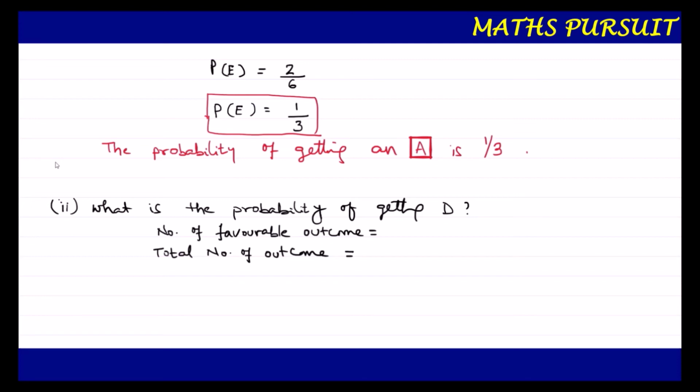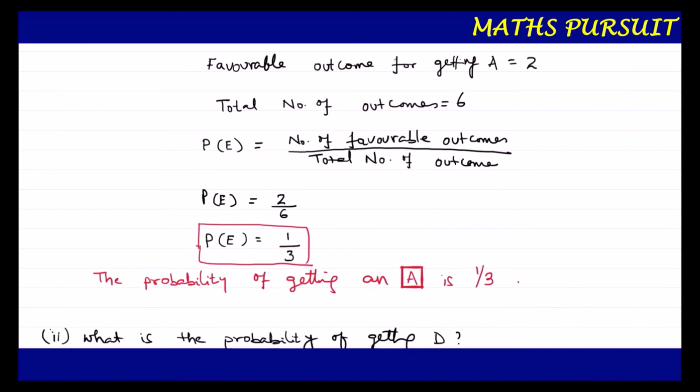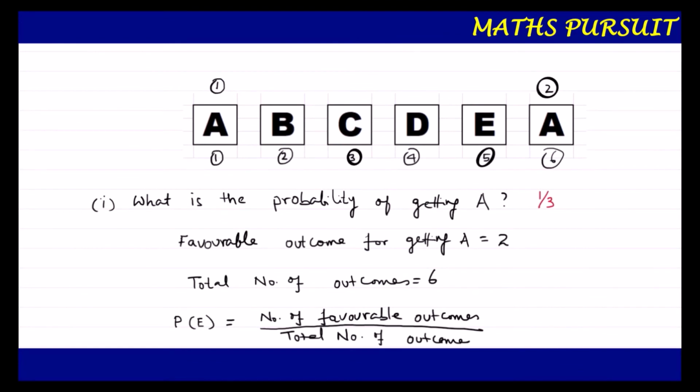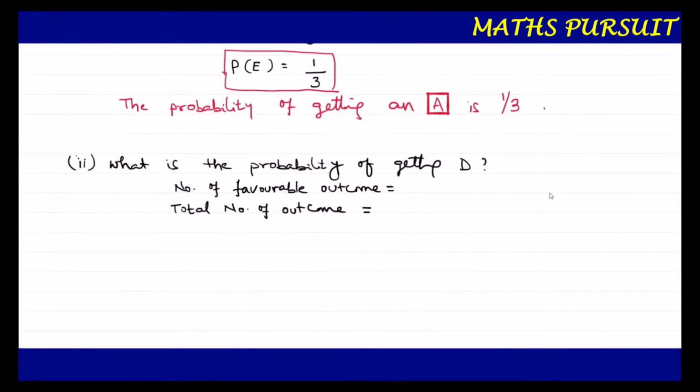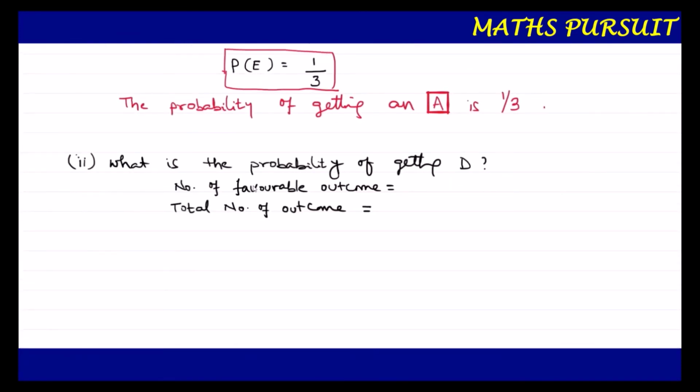Let us first determine the number of favorable outcomes for getting D. If you look at the die, we will find that the number of outcomes for D is only 1, because D is displayed here only once. And the total number of outcomes remains 6. So I can write the number of favorable outcomes is equal to 1 for getting D, and the total number of outcomes is equal to 6.